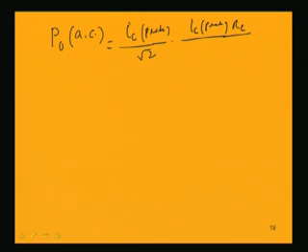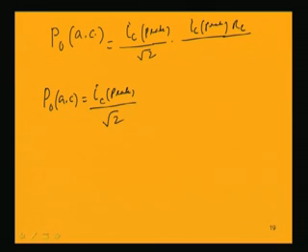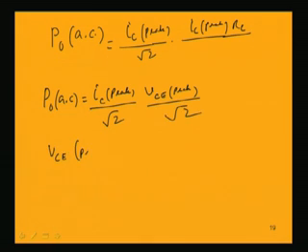We are basically using P naught AC equal to IC peak by root 2 times VCE peak by root 2, and VCE peak is nothing but IC peak into RC. So, that is what we are using here. Therefore, we need to know what is IC peak.